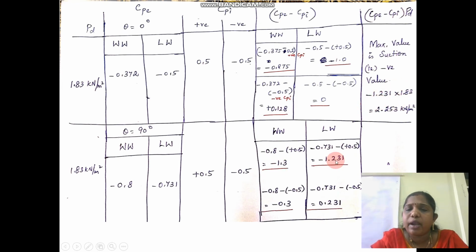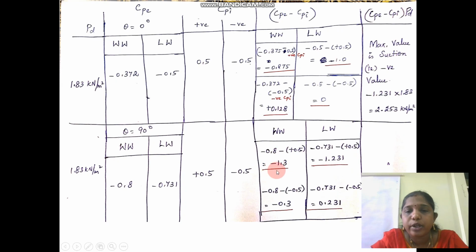Based on magnitude, this is not going to have a change, but you have to consider the magnitude. Why I am asking you to consider two values is that one is on the leeward side and one is on the windward side. If you analyze the truss as a whole, both are going to have the same impact.